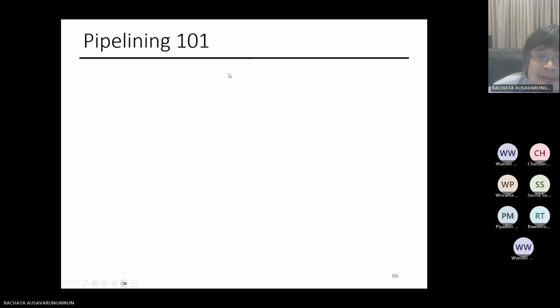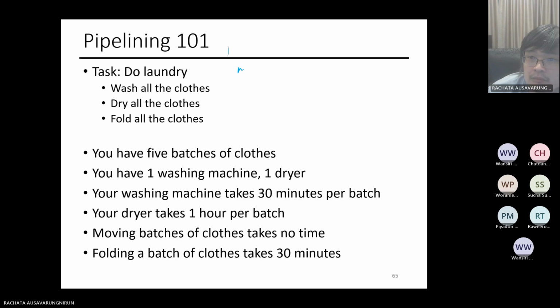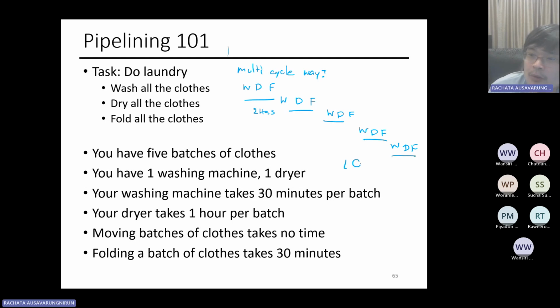You're going to do wash, dry, fold for the first batch, then wash, dry, fold for the second batch, wash, dry, fold, and then wash, dry, fold. Every step here takes 2 hours, right? 2 hours, 2 hours, 2 hours, 2 hours. So in total, with multi-cycle, it's going to be 10 hours.